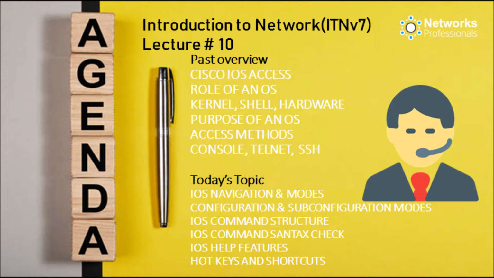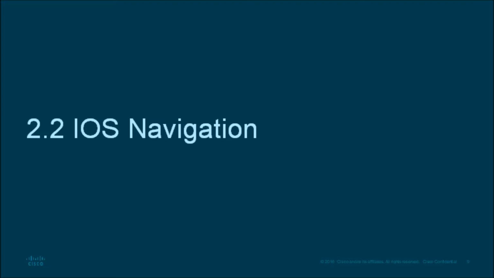So let's get started. In this section, we will discuss the fundamentals of some of the modes of Cisco iOS or Cisco devices. We have two primary command modes, the user exec mode and privileged exec mode. In the previous section, you learned that every network device requires an operating system and that these devices can be configured using the CLI or GUI interfaces.